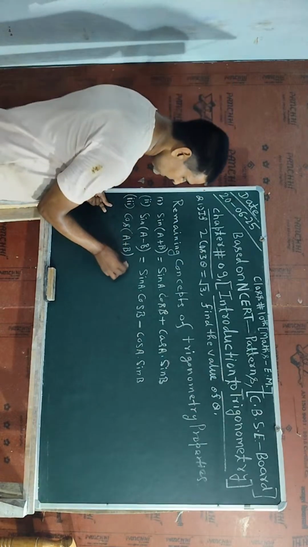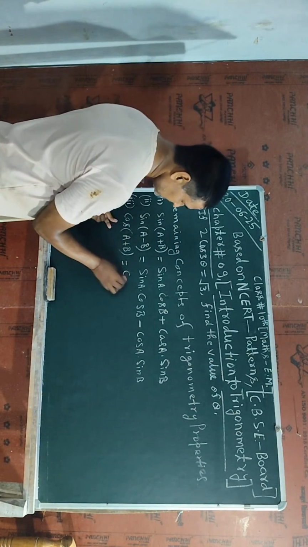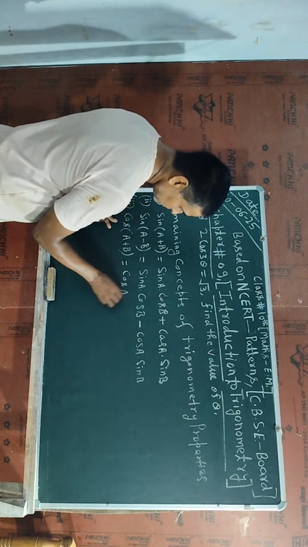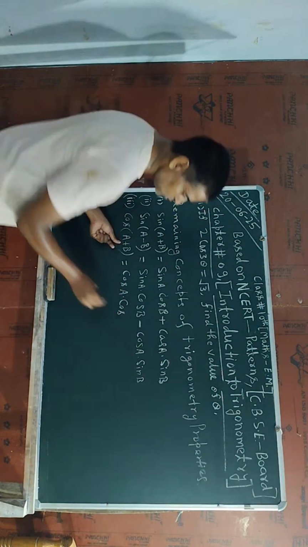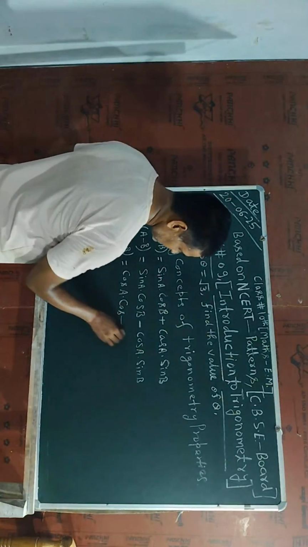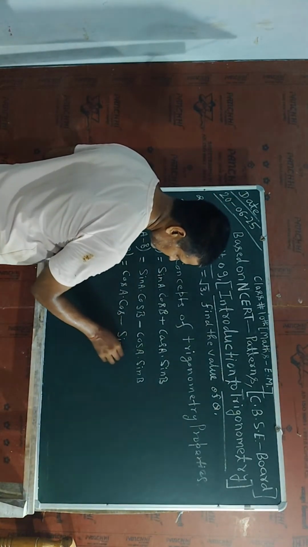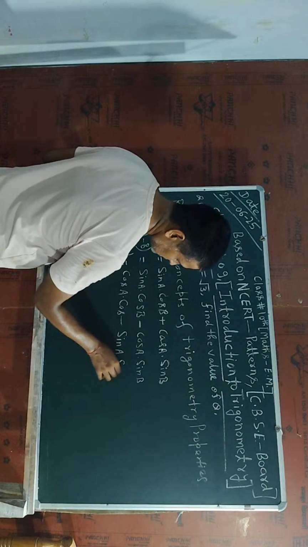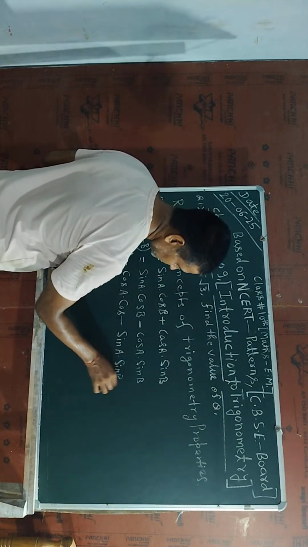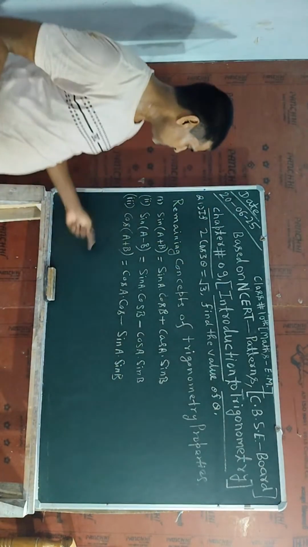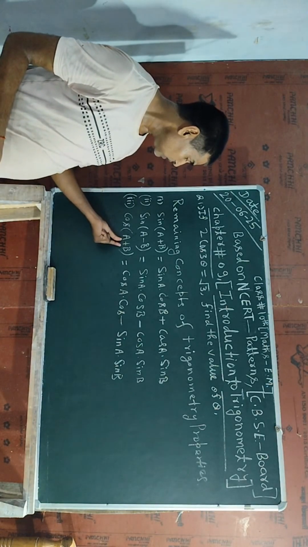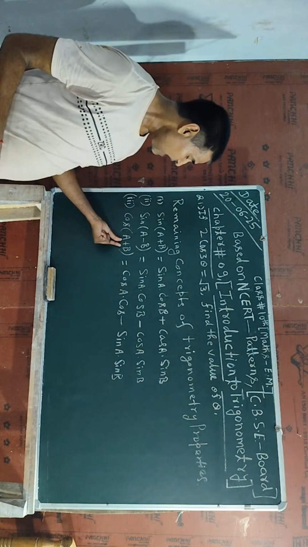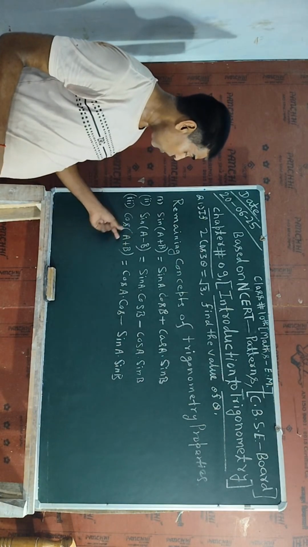So here will be cos A into cos B. Here a plus sign is available, therefore I will put a minus sign here. Sin A into sin B. So we have to use this formula because one angle is A and the other angle is B. So I have to take the sum of these two angles and take the cos of that angle.